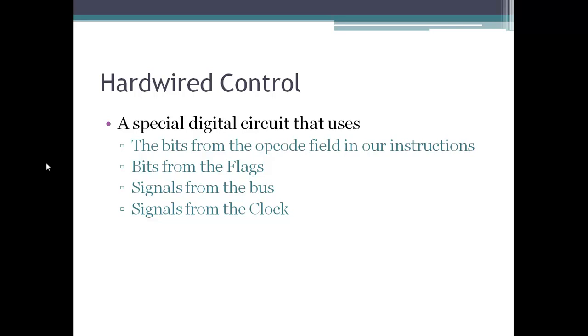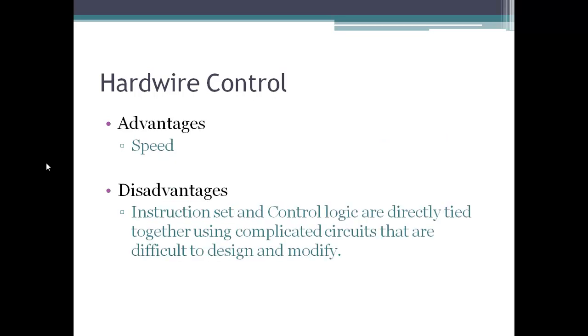Hardwired control units can be optimized for fast operations. It is a special digital circuit that uses the bits from the flags, signals from the bus, bits from the opcode field in our instructions and signals from the clock.